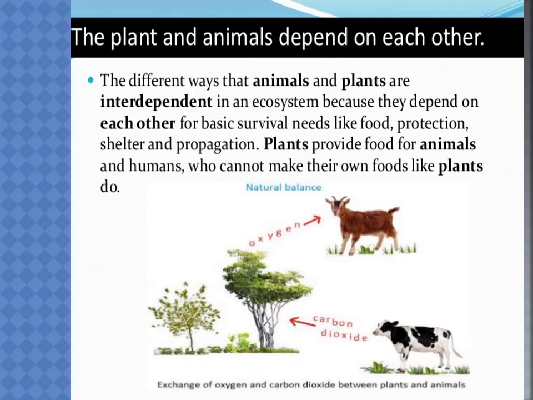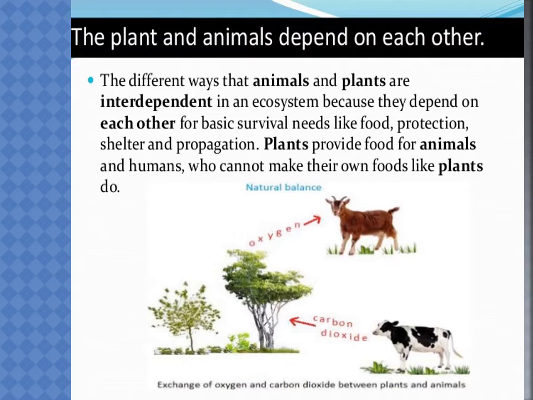Do you understand, children? Plants and animals depend on each other, and plants, animals and microorganisms are also interdependent on each other.